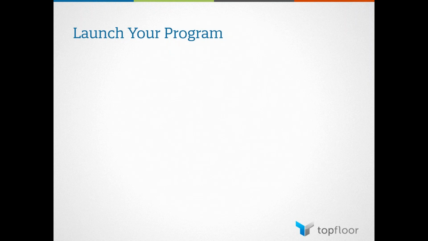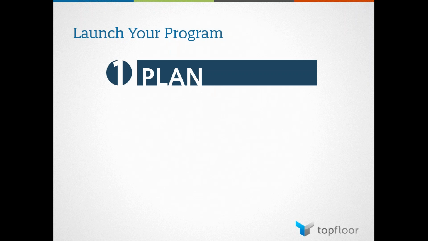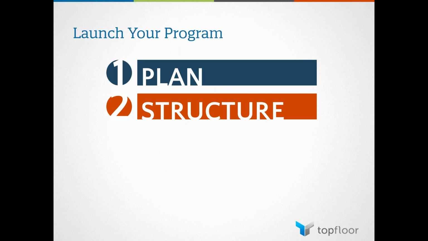So, we made it through. We're going to just briefly run through the 4 steps. You want to spend a lot of time planning. The more you plan, the better the execution is going to be. Take care to carefully structure your accounts. Make sure that you are using the right type of account for your particular needs in terms of search, in terms of display and video.